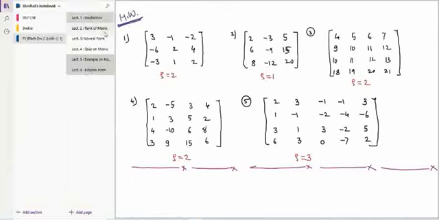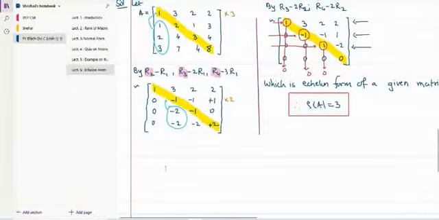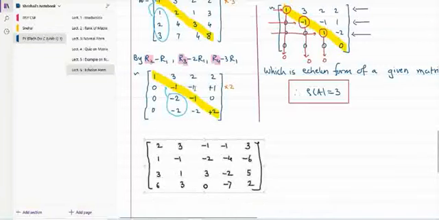Just a minute. Okay, this is the next example, example number 3.